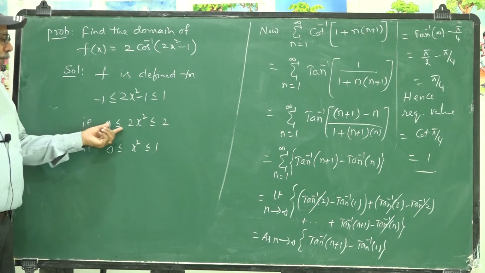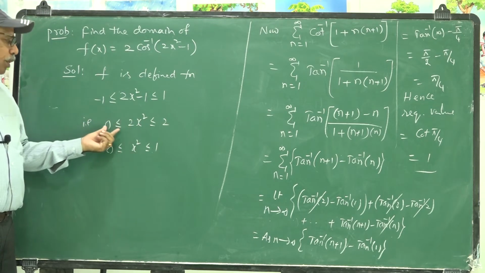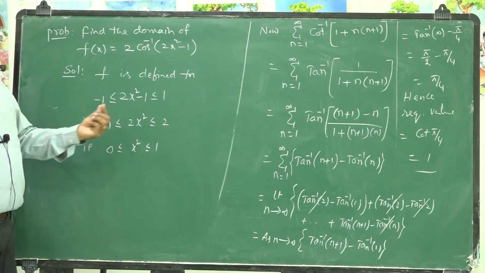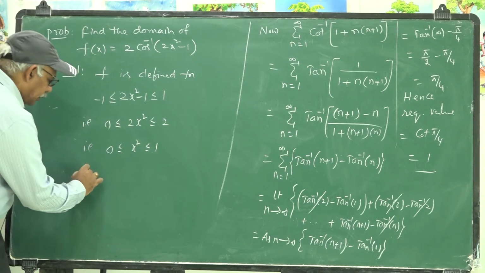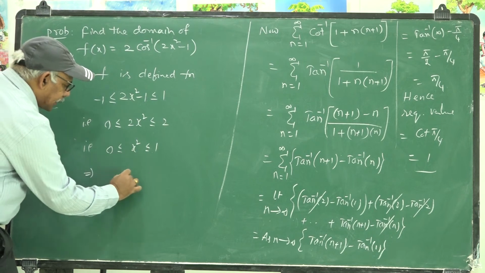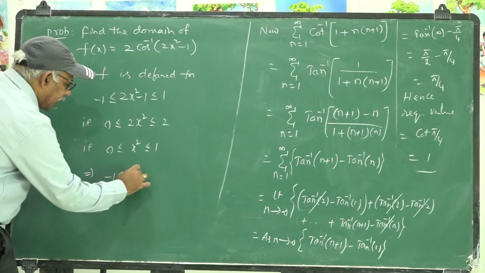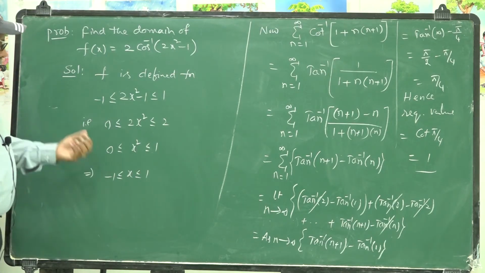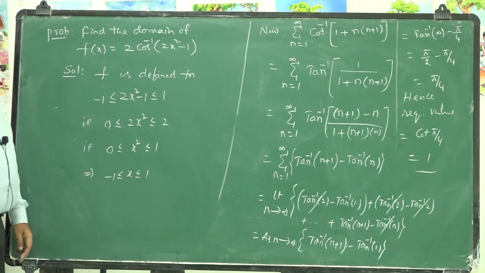Once we divide with positive constant 2, we get x square lies between 0 and 1. So that implies x lies between minus 1 and 1.